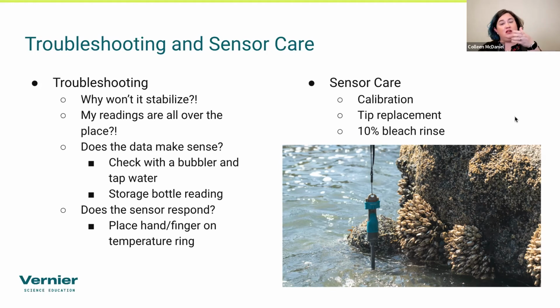I put the 10% bleach in a beaker and swirl the probe for about 60 seconds, and then rinse it off with distilled water. Good way to clean it. It is plastic, so don't use acetone. Don't use any organic solvents that can melt plastic. That would be really, really bad.